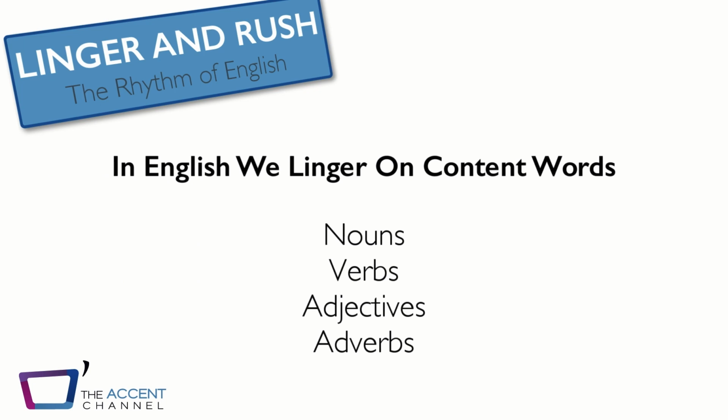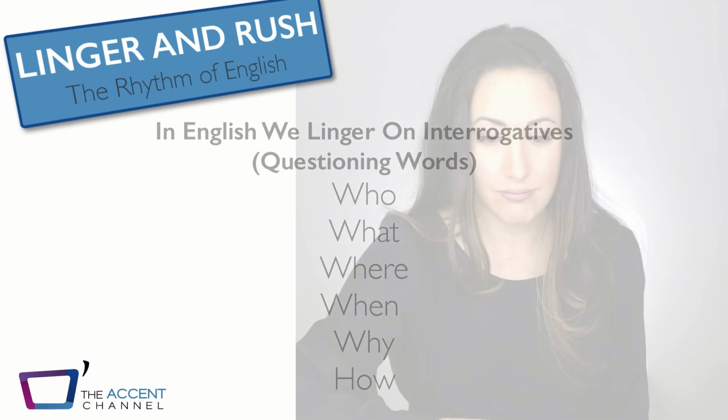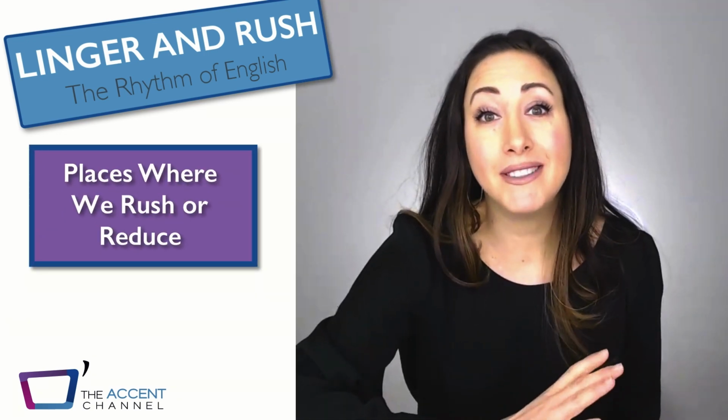We also learned that we usually stress or linger on content words. So nouns, verbs, adjectives, and adverbs, those are places where you linger. And we also tend to linger on questioning words, sometimes called interrogatives, the words who, what, where, when, why, and how. Today, we're going to focus on places where we rush or reduce.